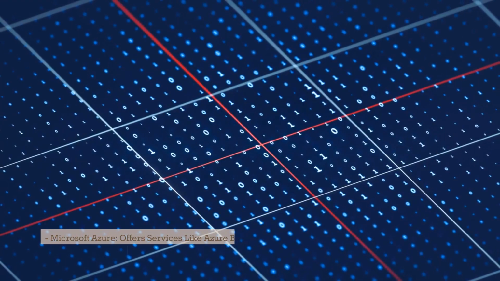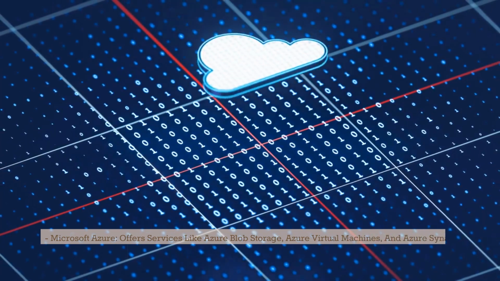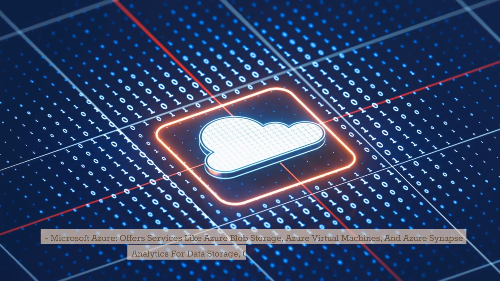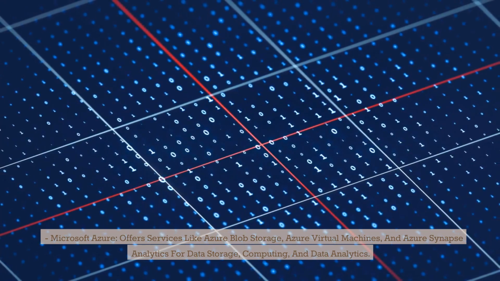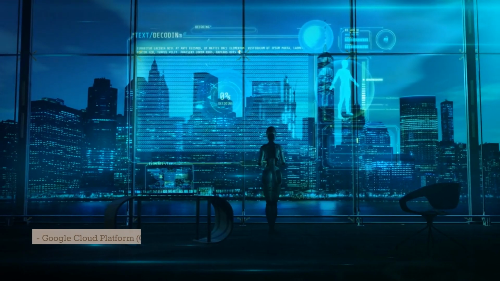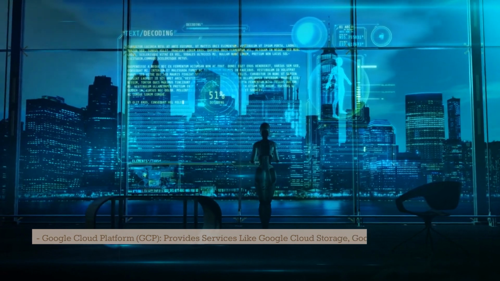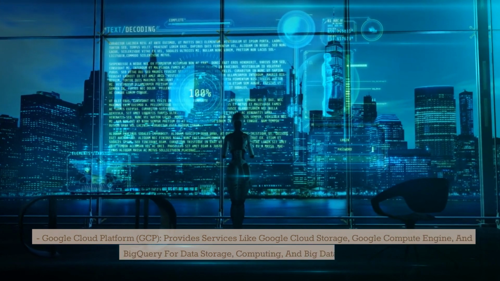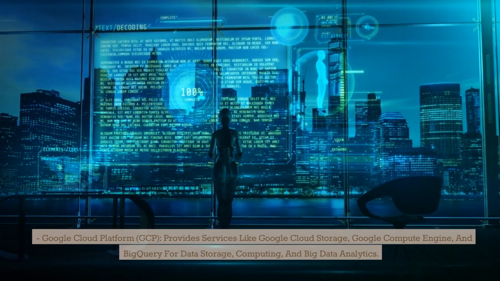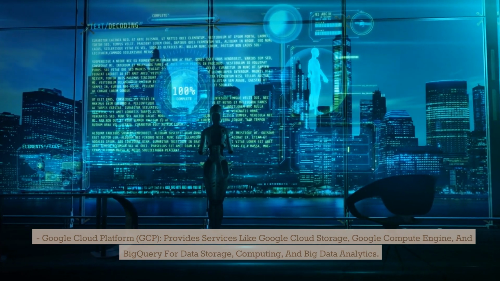Microsoft Azure offers services like Azure Blob Storage, Azure Virtual Machines, and Azure Synapse Analytics for data storage, computing, and data analytics. Google Cloud Platform, GCP, provides services like Google Cloud Storage, Google Compute Engine, and BigQuery for data storage, computing, and big data analytics.